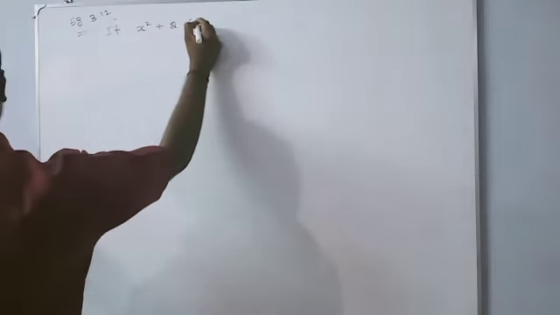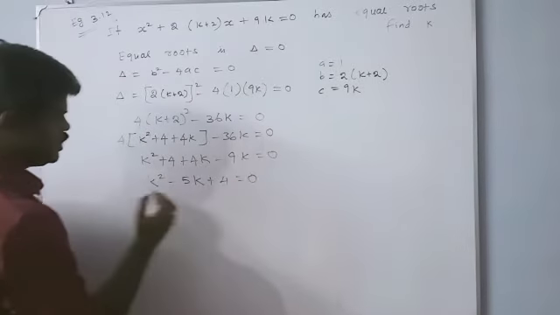Take 4 out of this term. So what is the value? k squared plus 4 plus 4k minus 9k equal to 0. Now k squared, 4k minus 9k means minus 5k, plus 4 equal to 0.